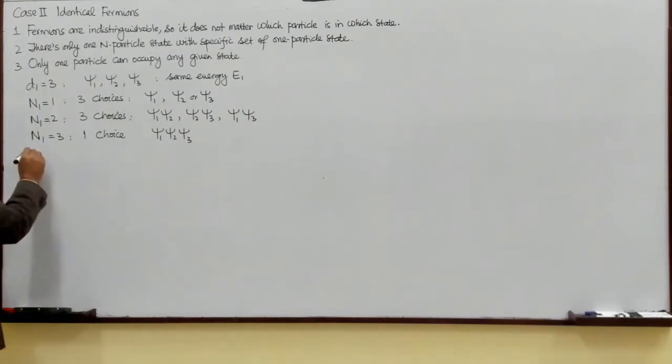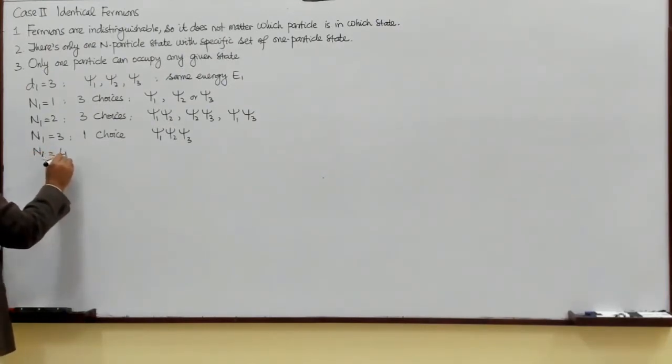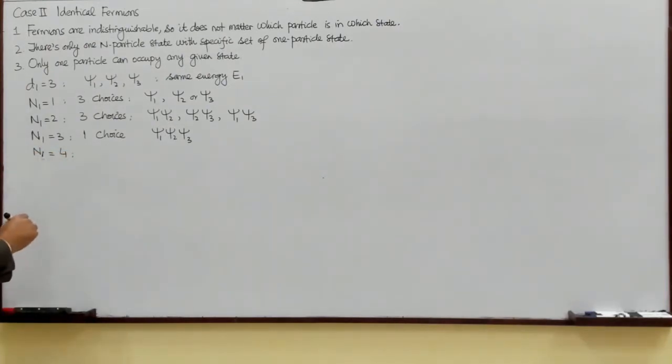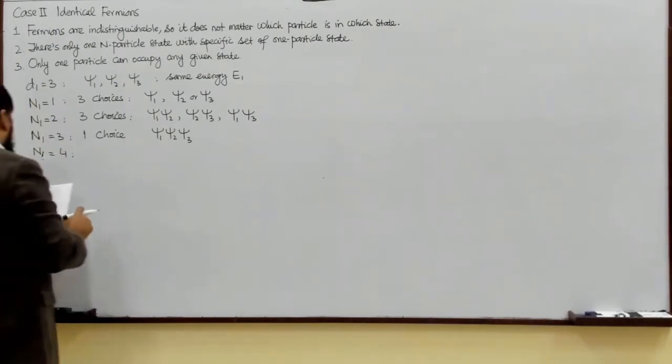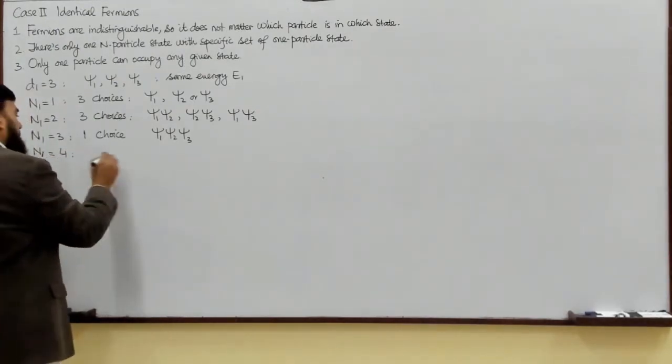So I have only 1 choice. And if N1 is equal to 4 particles, then I pick 4 particles and I want to put them in 3 states. Then for fermions it is not possible, so I have 0 chance.